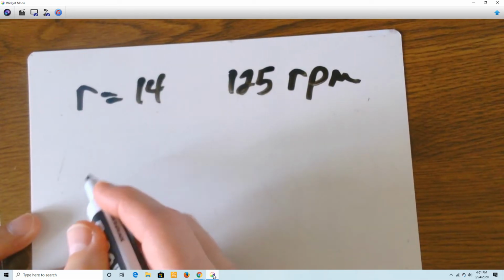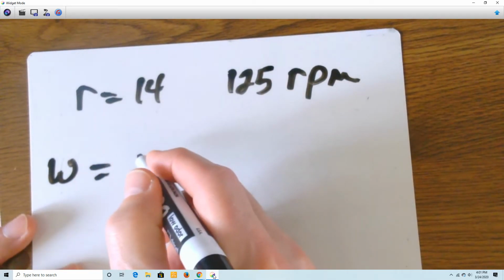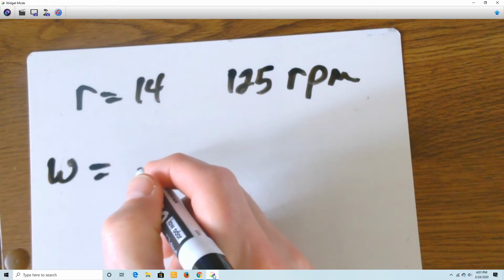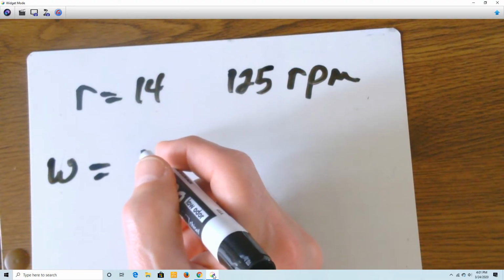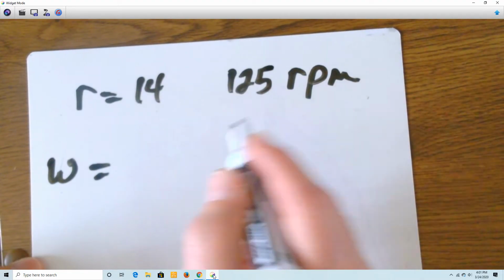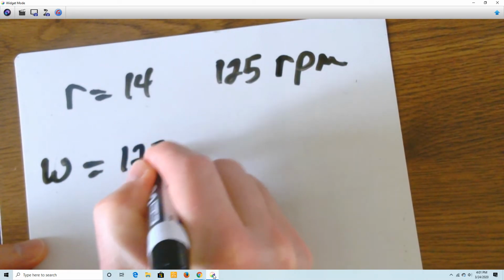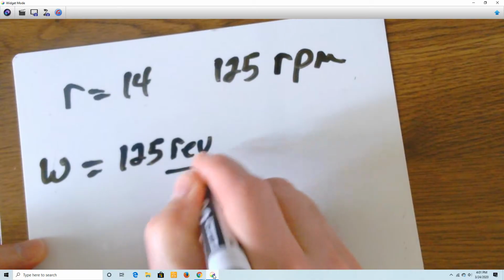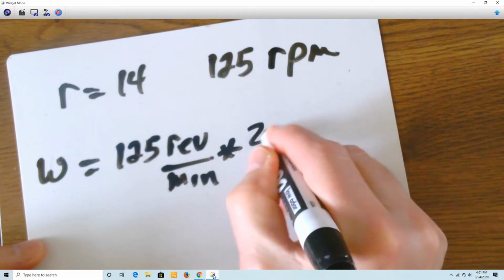So we want to find the angular velocity, so that's w, and that equals the central angle divided by time. Well, what we just said was that all we have to do is take the revolutions to find the angular velocity, which is 125 revolutions per minute, as a fraction, and we're just going to multiply that by 2 pi.